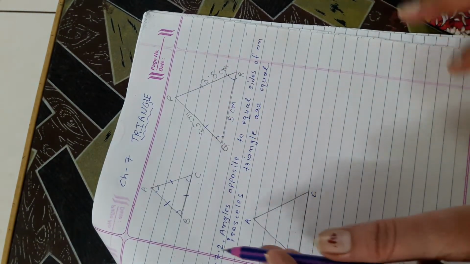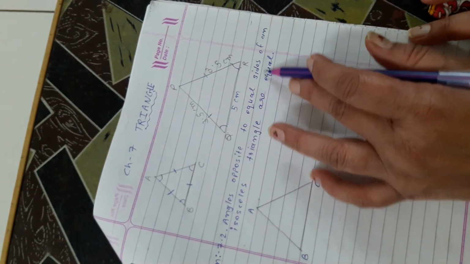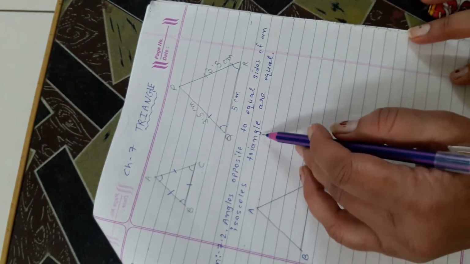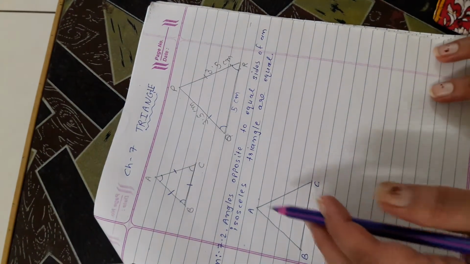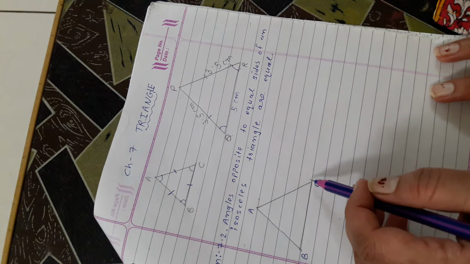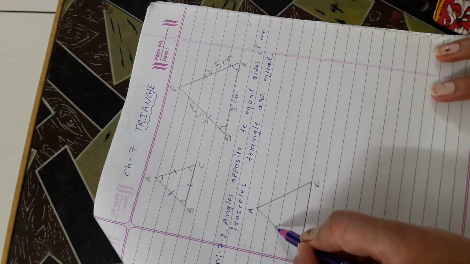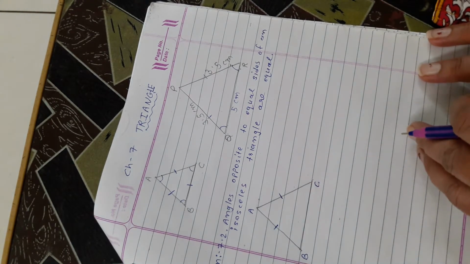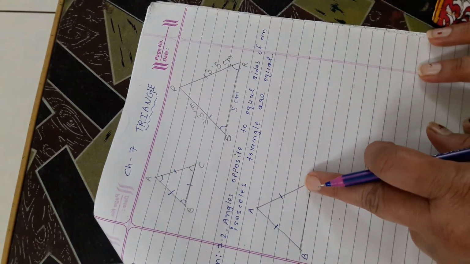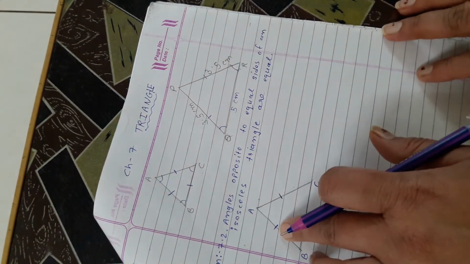So here we have the important theorem: angles opposite to equal sides of an isosceles triangle are equal. Here we have a triangle ABC given, and in this triangle we have AB and AC. Let AB and AC be the same, because it is an isosceles triangle, so two sides are the same.